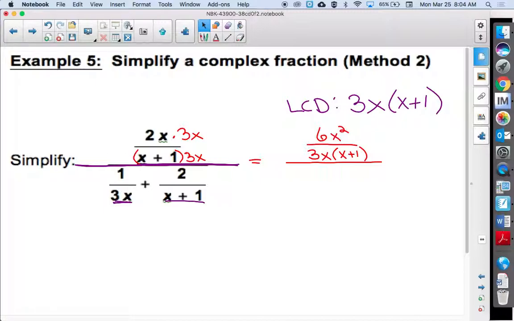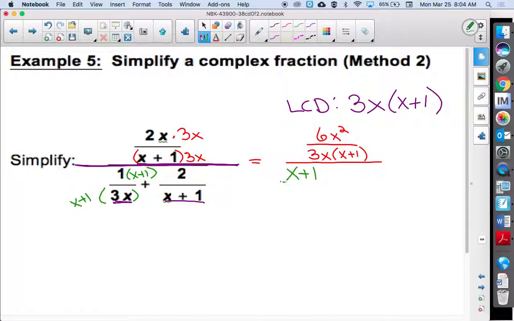So then looking at the one on the bottom left, Melanie, currently it has a 3x. What does it need for its least common denominator? X plus 1. Right, it needs an x plus 1. There's just a 1 up there, so that's going to become x plus 1. And then it has a 3x. Now it has x plus 1.